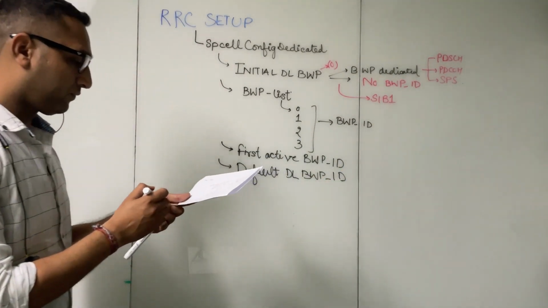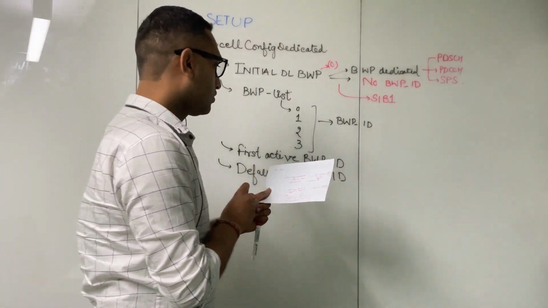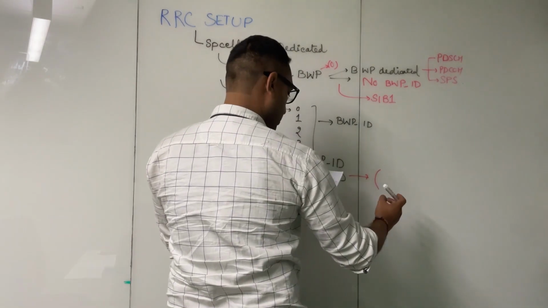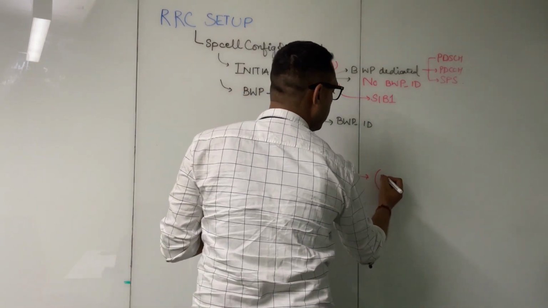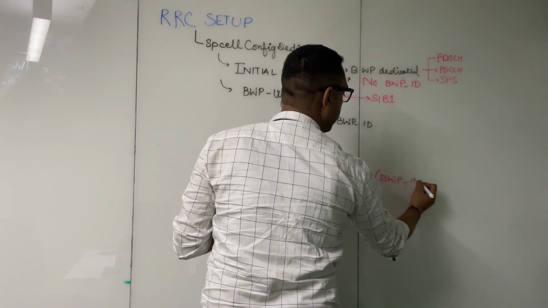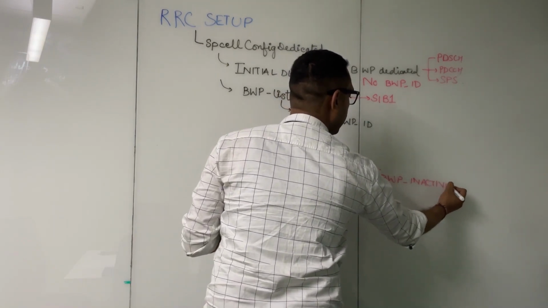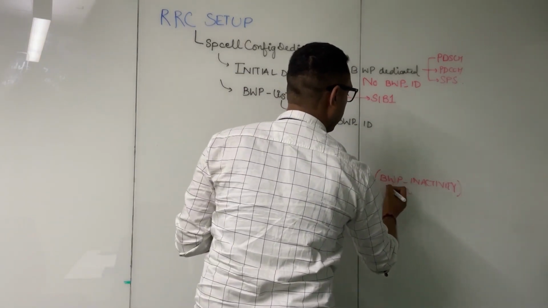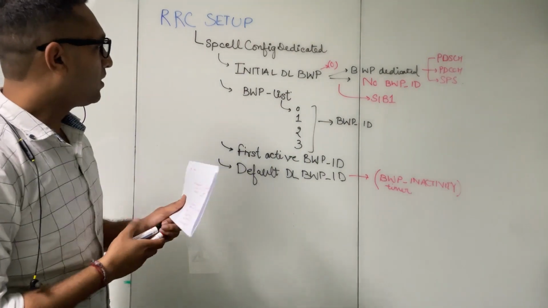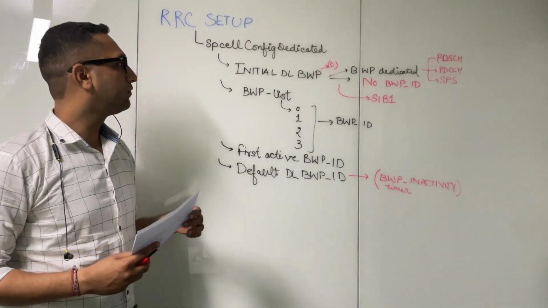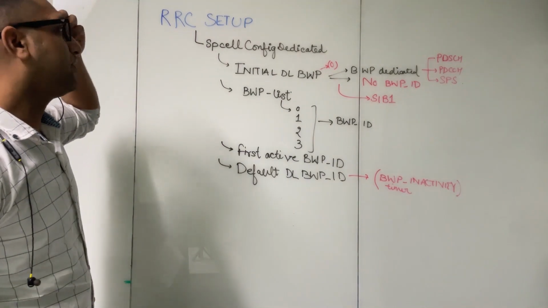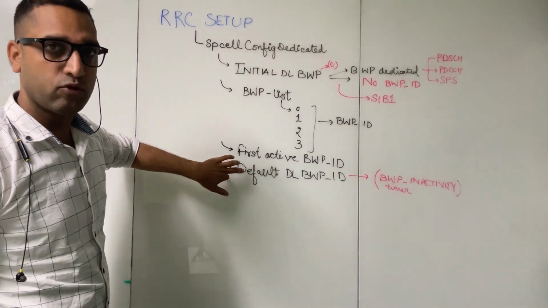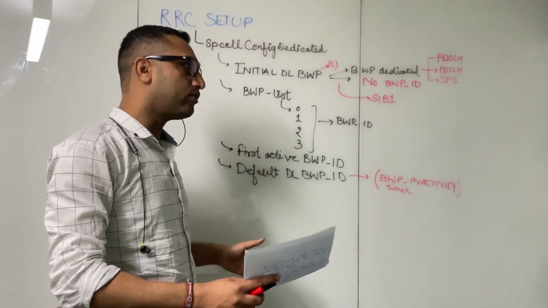This is also an ID. This becomes important when a timer comes into picture called the BWP inactivity timer. So from here we see 3 different types of DL BWPs: initial BWP, first active BWP, and default BWP. Let's study a little bit about them.